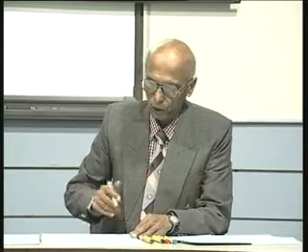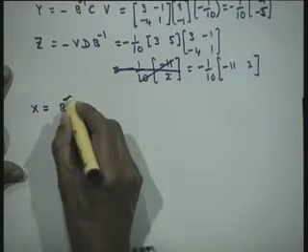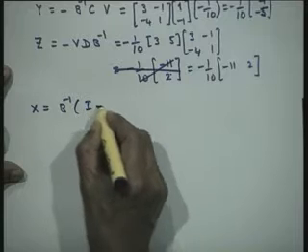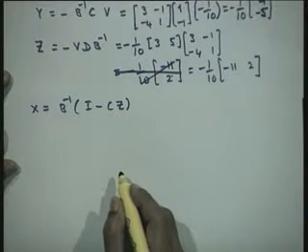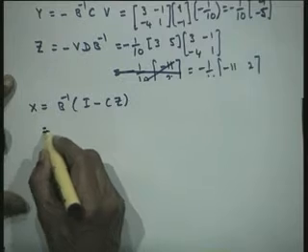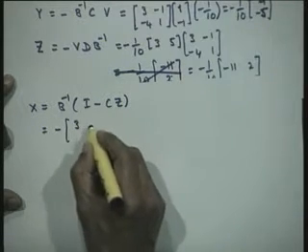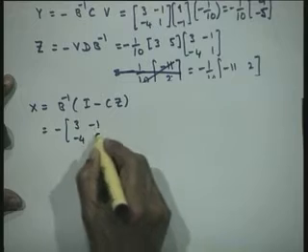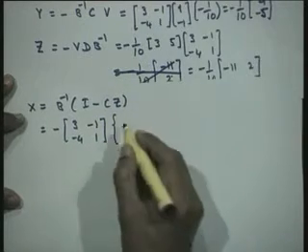Now, the last quantity to be determined is x. So, the vector x is equal to B inverse of I minus C Z. This is the X matrix. Now, let us again substitute B, that is 3 minus 1 minus 4 1, and put this in a bracket.